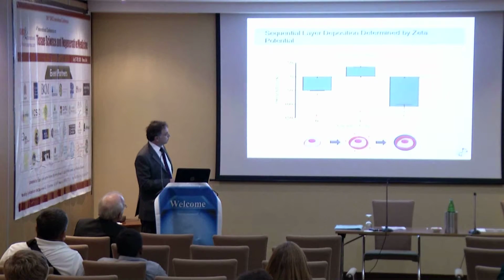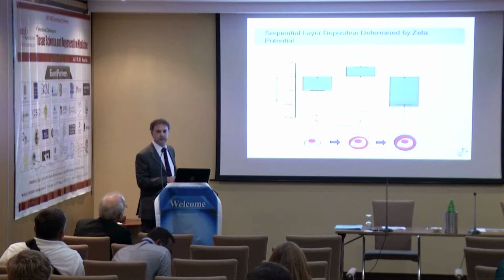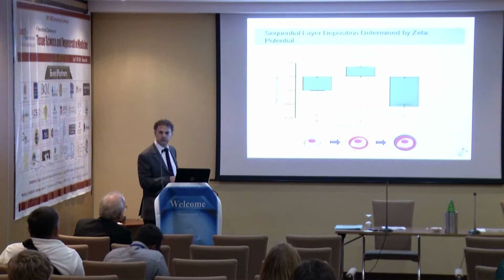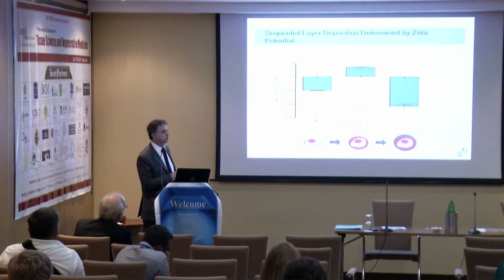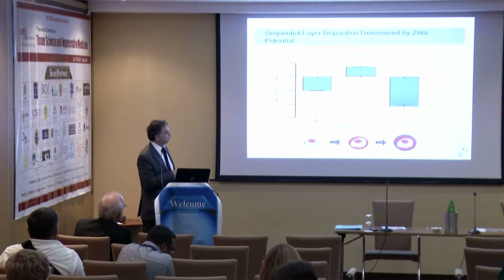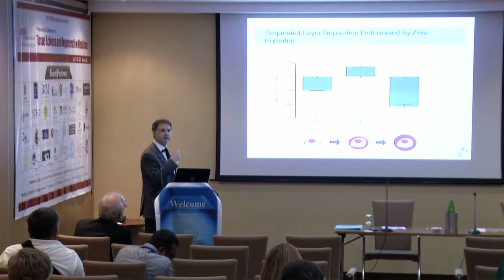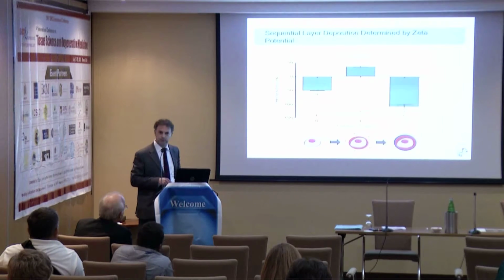But when you put the first layer of the polycation, the net charge over the cell surface changes and turns into a positive net charge, and the zeta potential is now positive. And so on. The next step was to cover the cells with a polyanion, and the net charge over the cell surface goes again to a net negative charge, and the zeta potential goes to a negative value.